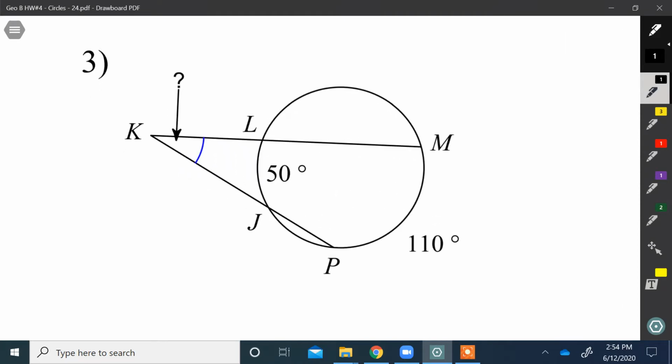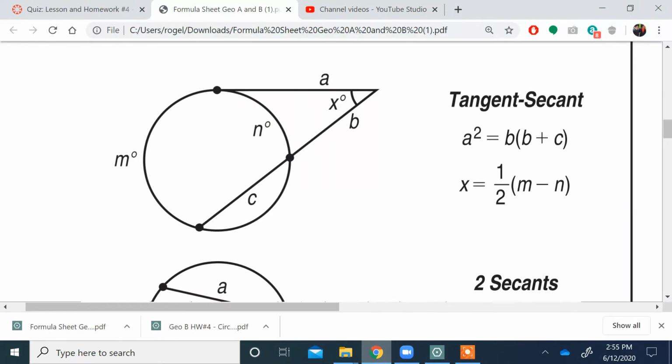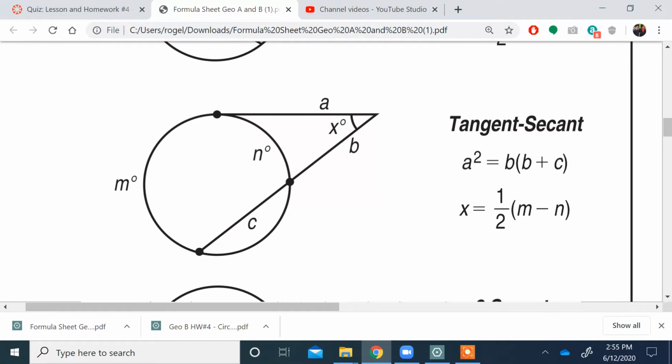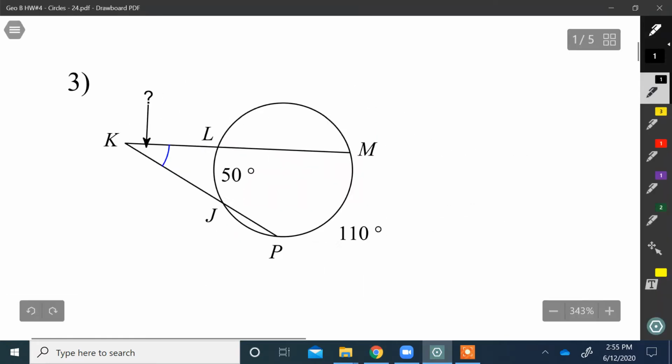Okay, let's identify what you have in here. I can see that you have a tangent and a secant. So you've got to look for something that looks like that. If I go back to my formula sheet, look, that's the formula that I need, a tangent and a secant. It's the same one as before.